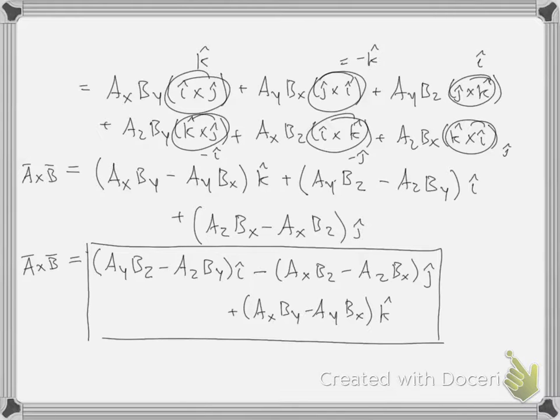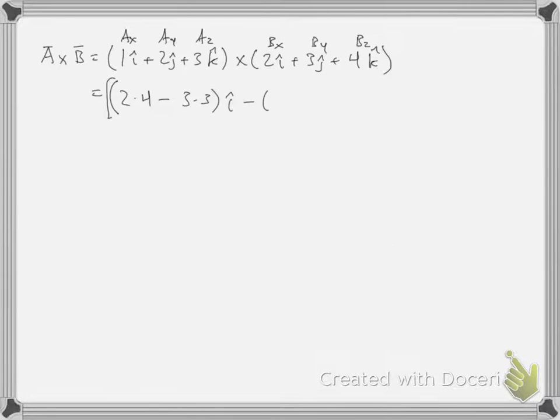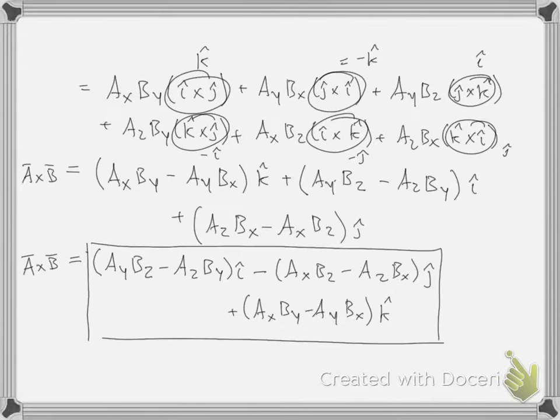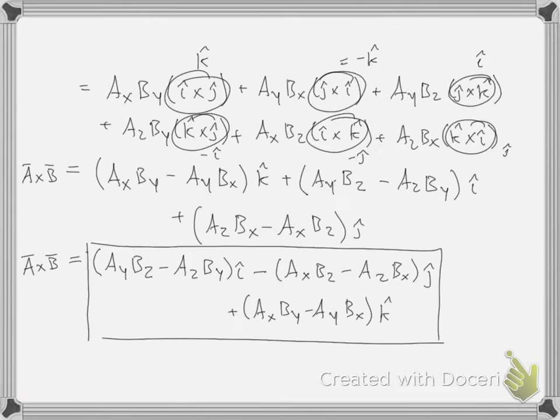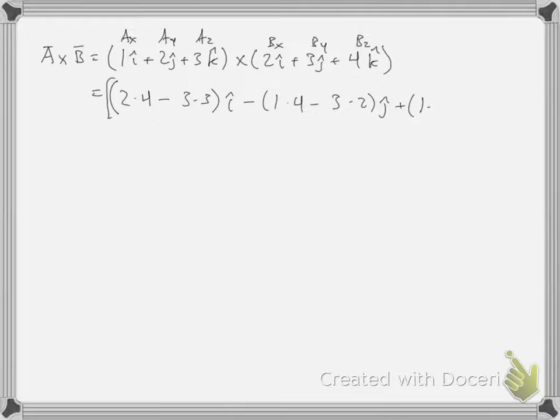J hat was AX, BZ. So AX is 1 times 4 minus AZ, BX, yep, AZ was 3 times 2, and this was J hat. And then we're finally adding the K hat component, which was AXBY, which was 1 times 3 minus AY, BX, 2.